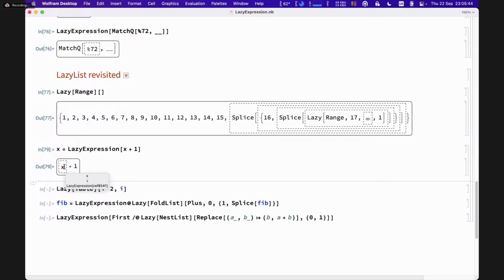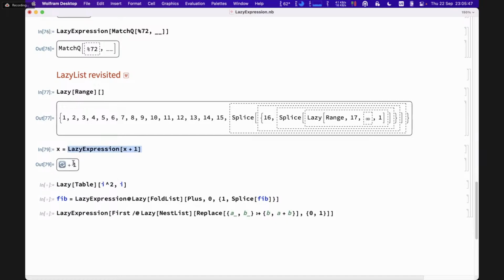As soon as I evaluate it, it relates to the lazy expression again. What does that emoji mean? It means that this box has a reference, and this sub-expression references itself. The emoji represents the whole expression.